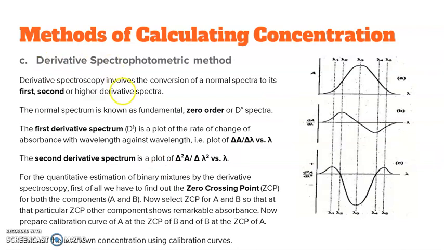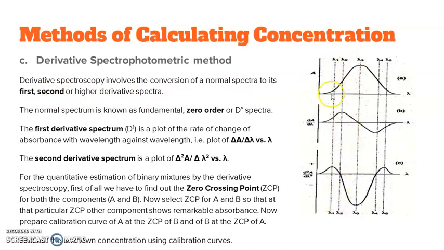Coming to the third one, and this is the last multi-component analysis method which I will be discussing, which is the derivative spectrophotometric method. This derivative spectroscopic method involves the conversion of normal spectra to its first, second, or higher derivative spectra.